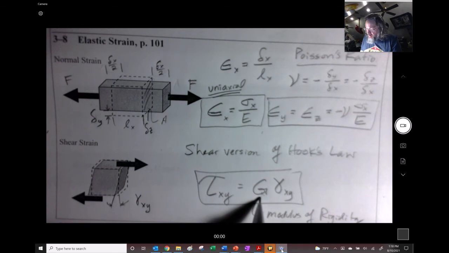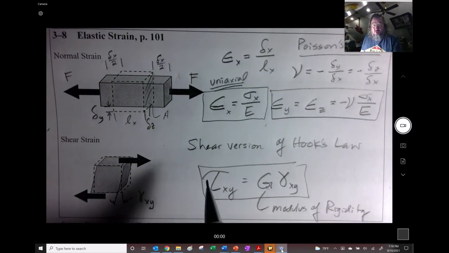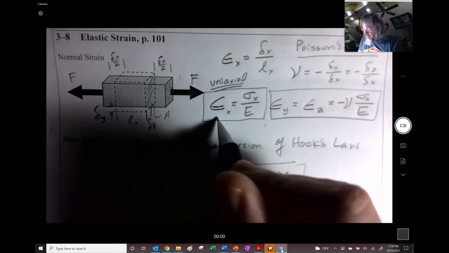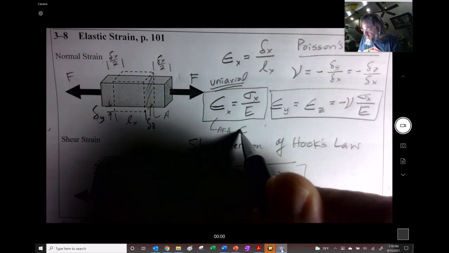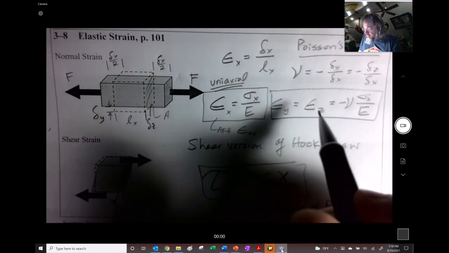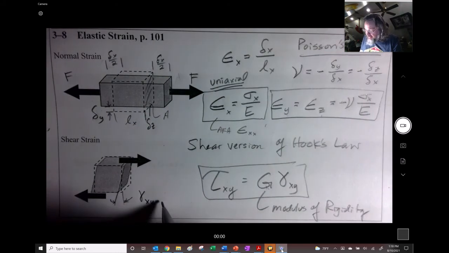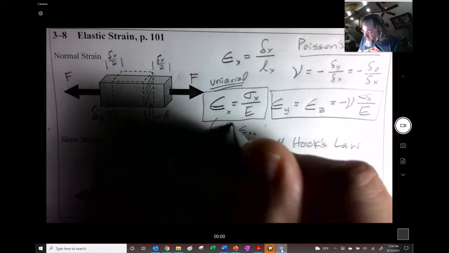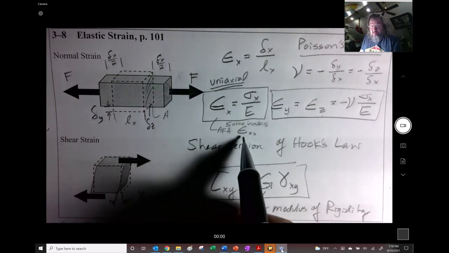And note that sometimes some books, you might run across this, they might call this epsilon XX, and they would call this YY and ZZ, and then this guy in some books. So, AKA, some books call this.